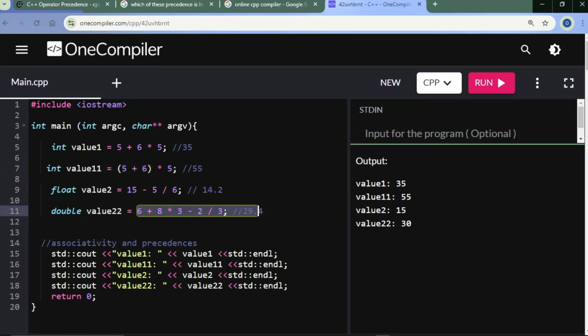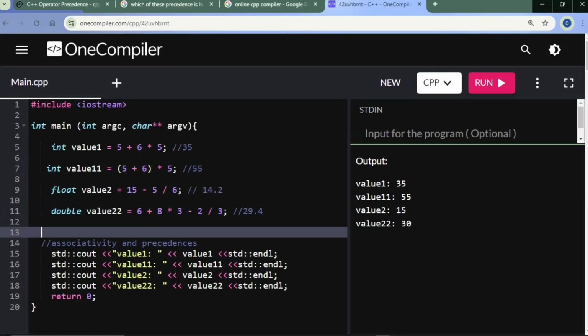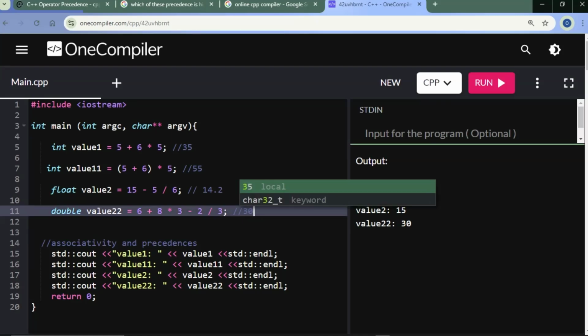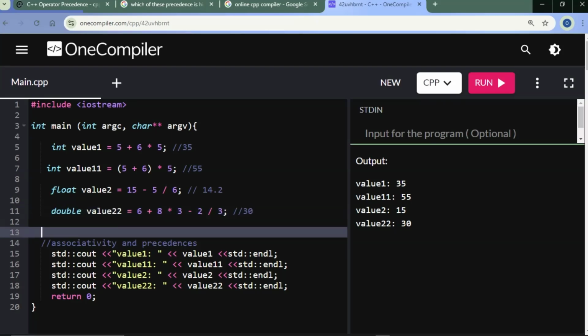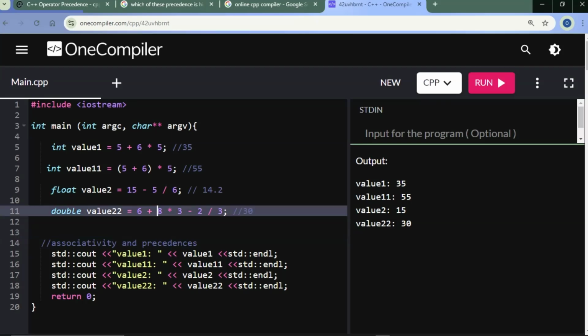So when we have a long expression here, and you are trying to decide which one should be evaluated first in order to obtain, say, 29.4, which is about 30, and we want to get another value, by using our parentheses we can decide, let's say this one minus this one, and this one should be evaluated first. Anything you use your parentheses with is going to be evaluated first.